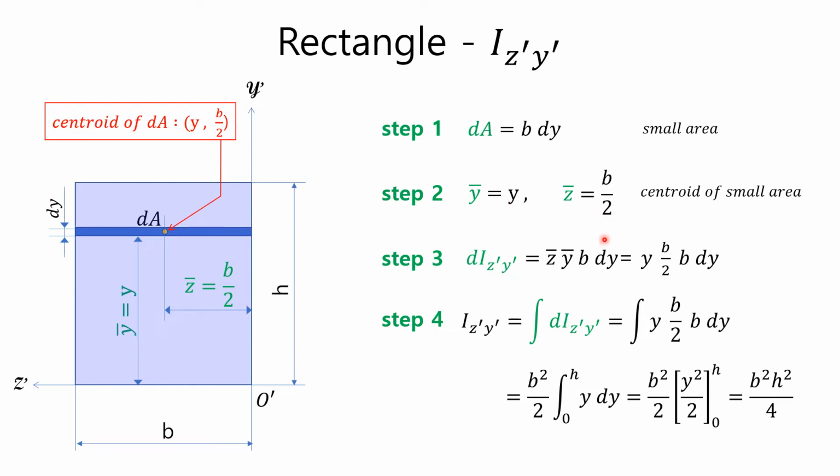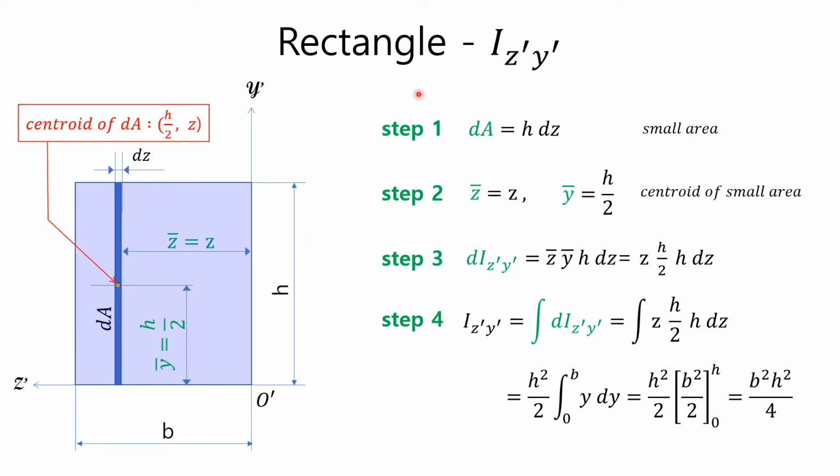And in the third step, dIzy prime can be expressed by y times b/2 times b dy. In the fourth step, we integrate the small moment of area dIzy prime to have b squared h squared over 4.